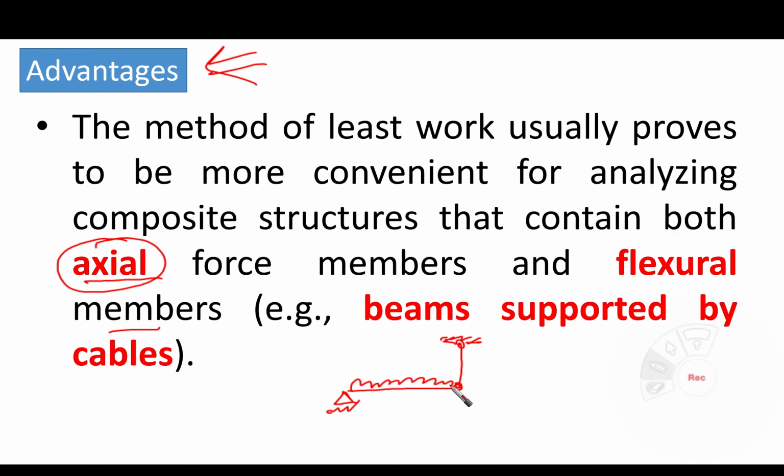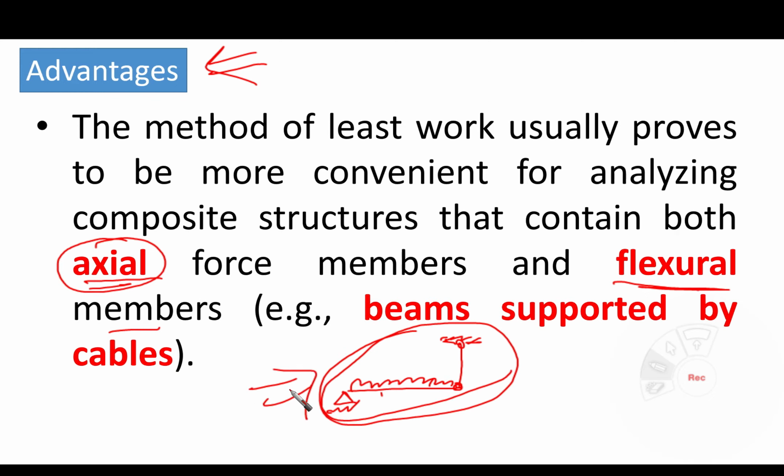The first one is the beam itself, which is controlled by flexural straining actions. So we are going to have beam moments here. However, the link is controlled by axial forces. This means that such a system is a very nice application for the method of least work.